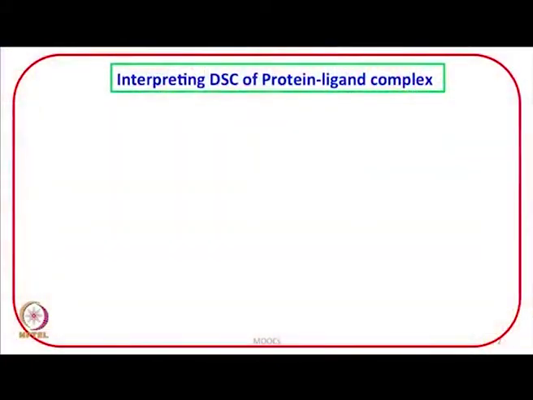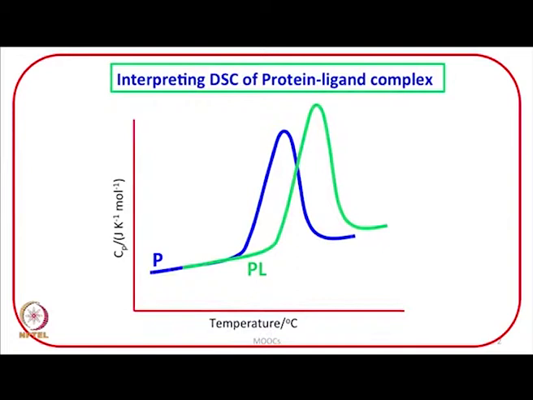Now let us take a look at how to interpret the DSC of protein-ligand complex. As discussed in one of the previous lectures, let's take a look at this slide.